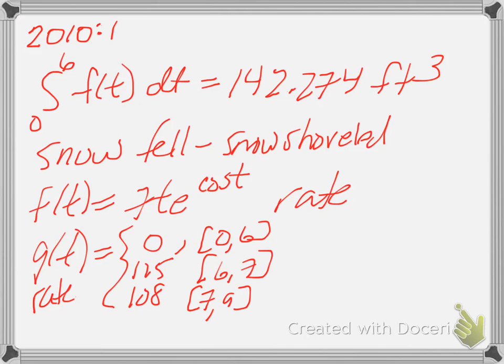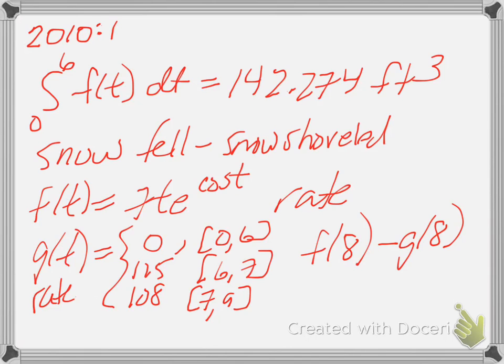So it's not saying to find how much snow there was at 8 a.m. It's saying what is the rate of change, so what is the derivative at 8? That's what they're asking. So all you have to do is f of 8, that's the snow that fell, minus g of 8, that's the snow that was taken away.